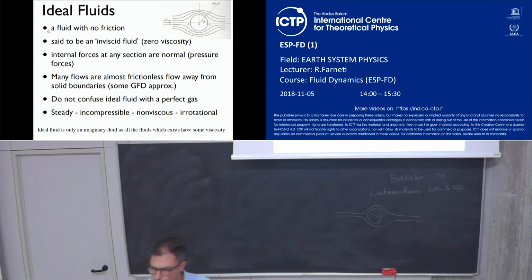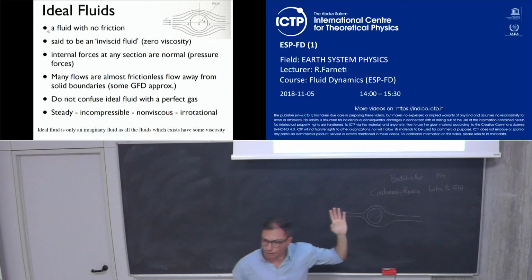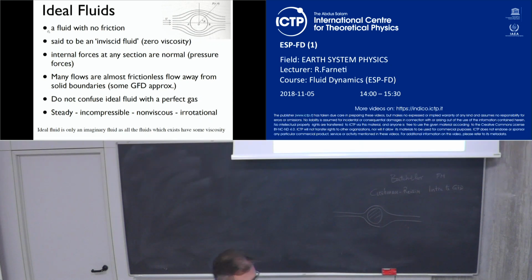They're not affected by the obstacle, or they're not affected by the boundaries where the fluid is flowing. So that's why you see in that top right corner image that the fluid characteristics after the obstacle and before the obstacle are the same, as opposed to the previous case. So an ideal fluid is a fluid with no friction, and is also said to be an inviscid fluid. Inviscid meaning no viscosity.